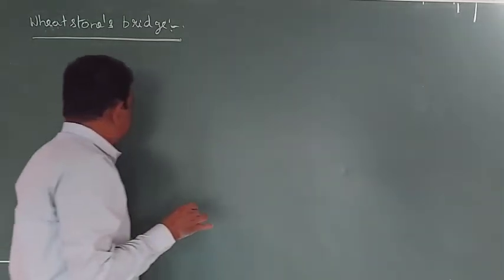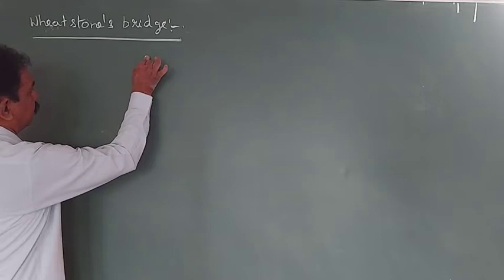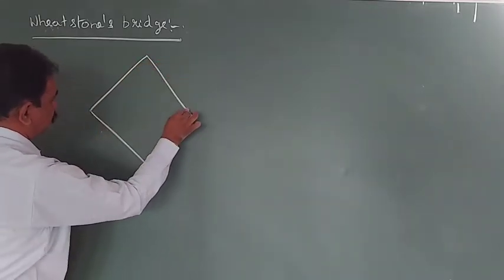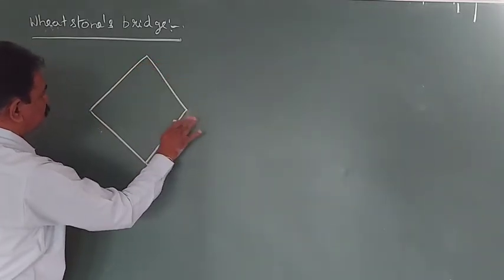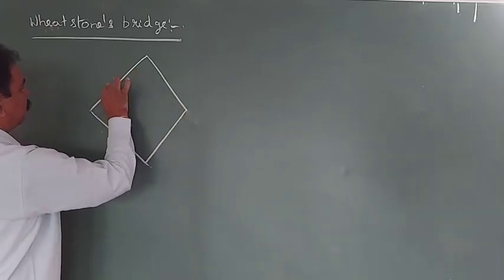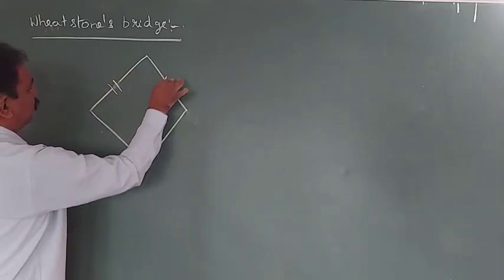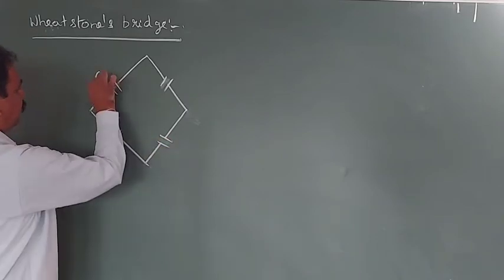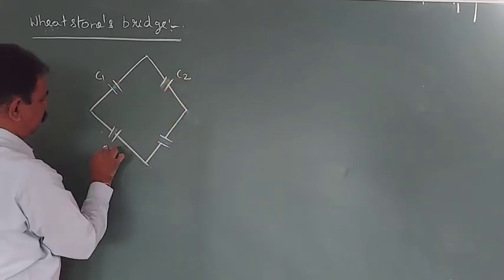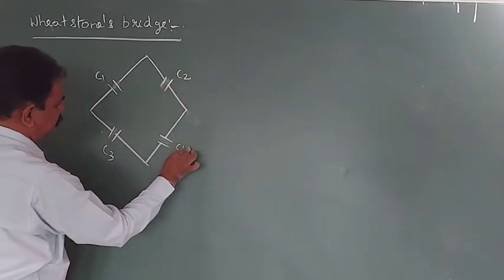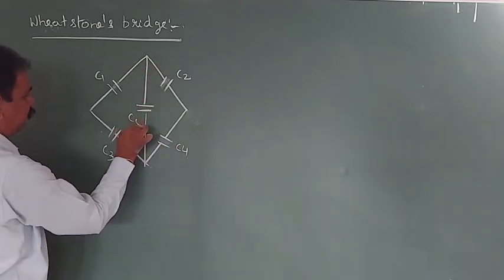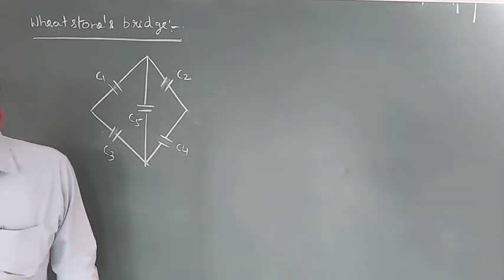If the bridge is in this format, here 4 capacitors are there, those values are C1, C2, C3, C4, here this is C5.